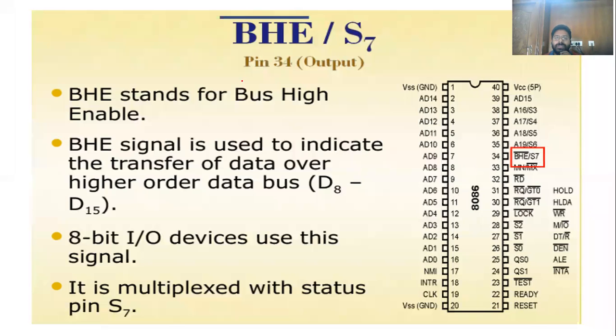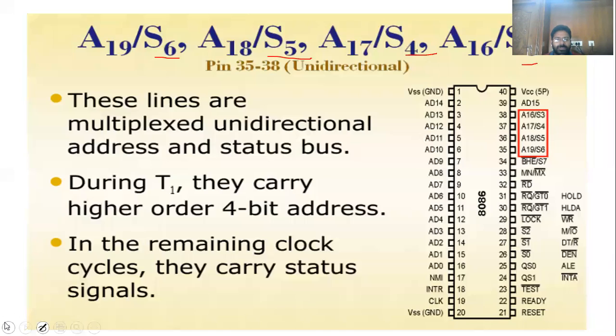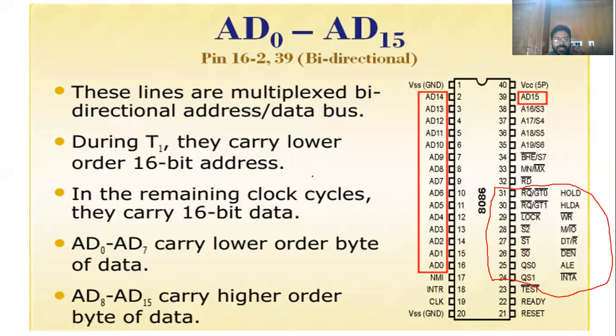Then you have BHE, bus high enable, and S7. The name itself gives some answers: high means here high enable. These are multi-purpose pins, bidirectional and at the same time multiplexed.